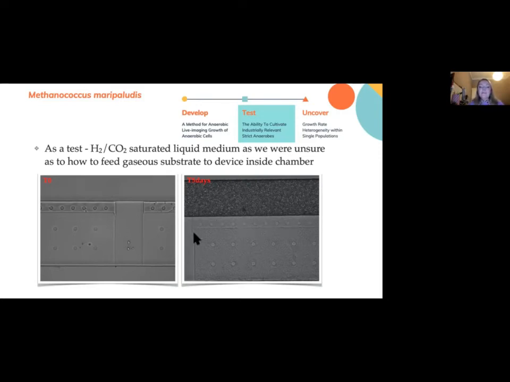I guess the image of this isn't ideal, but we did get growth in 5 days, completely covering the device with the Methanococcus cells. The challenge with this is that the chamber height was too high, so cells initially washed out into the flow channel and then grew down. So really the device dimensions are really important.